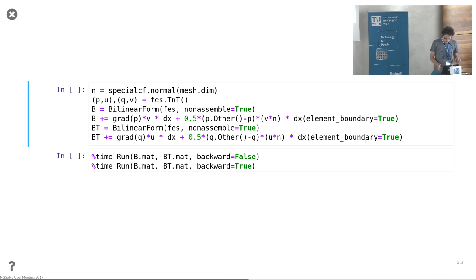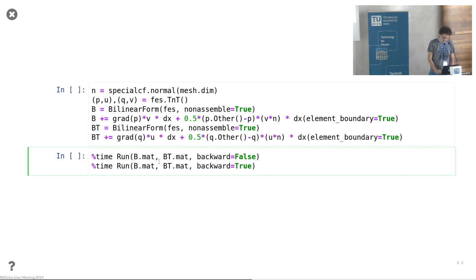And the first simple version that you could do is just write down what we know already very well. So just write down the bilinear form, set non-assembled true, and just call the run function with the B mat and the B transpose mat. So first we solve the same problem forward in time, and then the same amount of time backward in time.